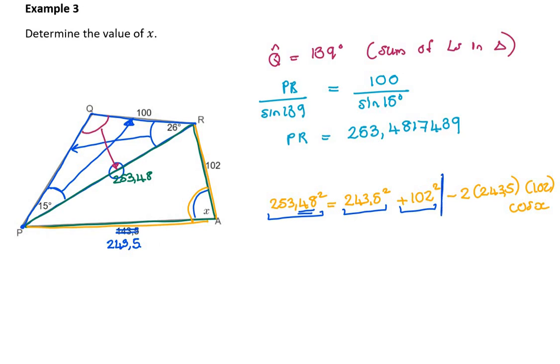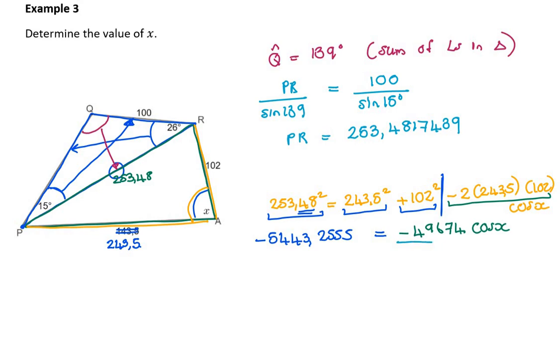I'm going to do it all in one step. So when I did that, I got minus 5,443,255, and that's going to equal, if I work out this coefficient, minus 49674 times cos of x.